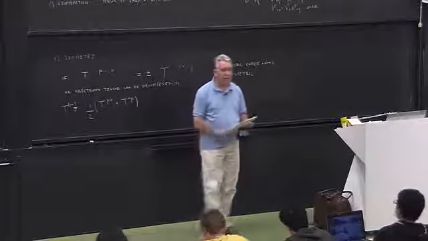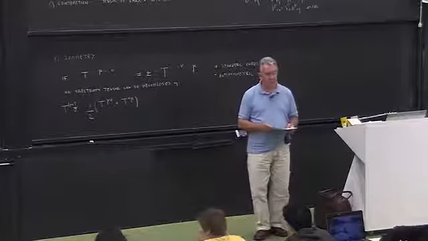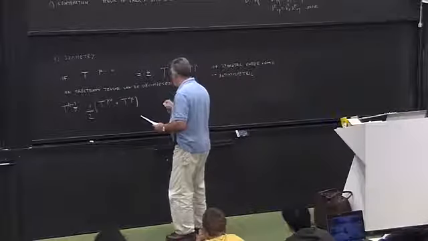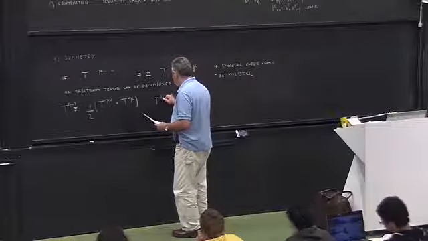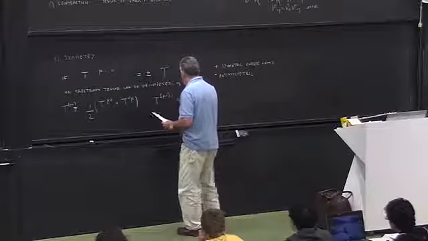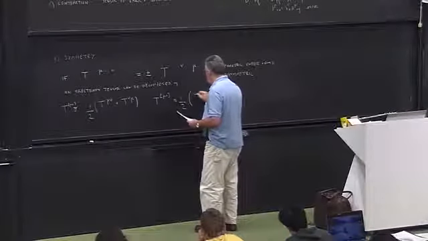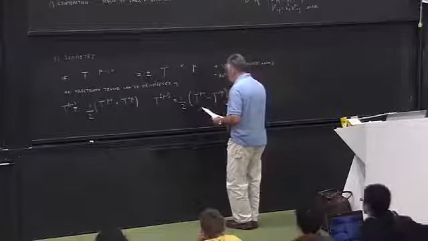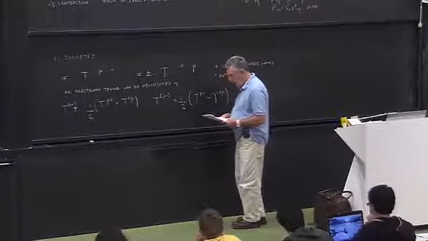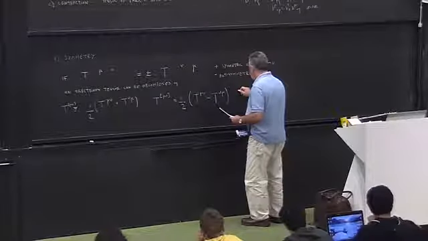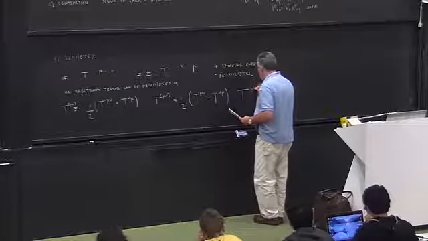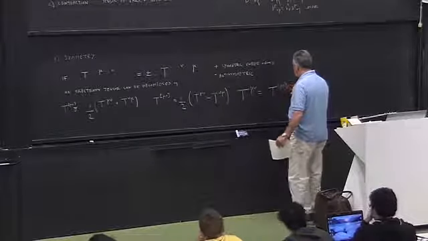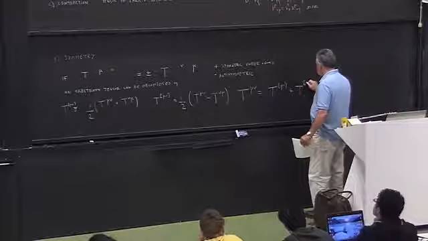The round brackets indicate that it's symmetric. Similarly, T with square brackets, mu nu, which is 1/2 T mu nu minus T nu mu, is antisymmetric. And the tensor we started with can be recovered by adding its symmetric piece to its antisymmetric piece.